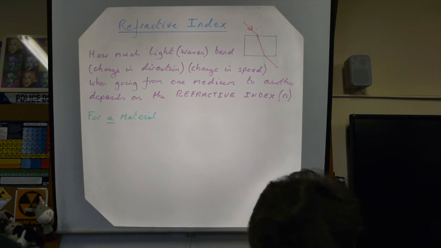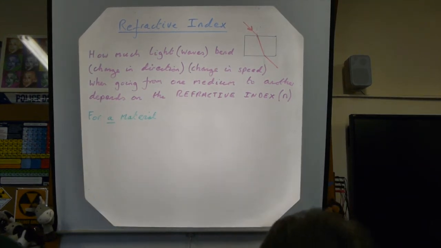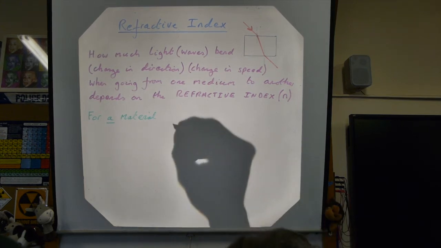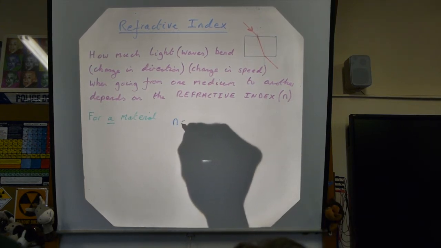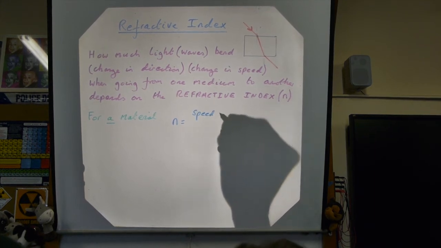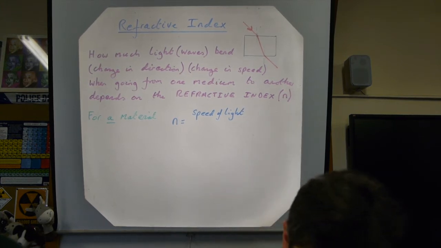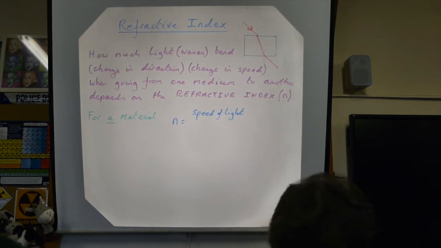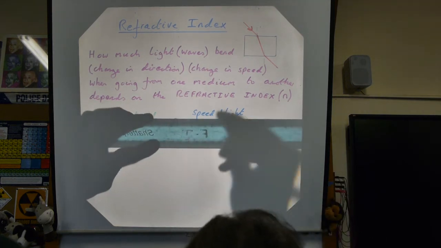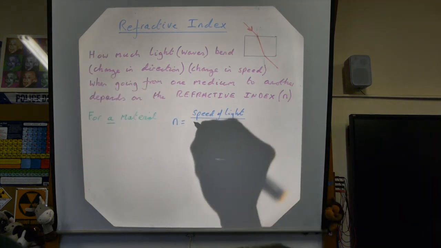It is just the ratio of the speed of light. So n, the refractive index, is the ratio of the speed of light to the speed in that material, so divided by the speed in the material, or the speed in the medium.